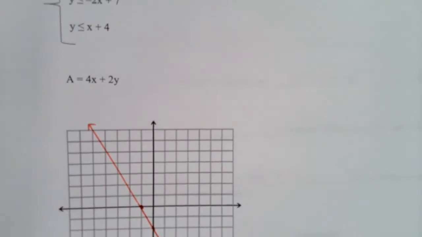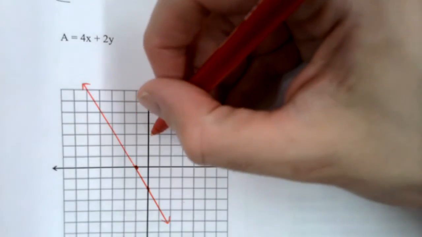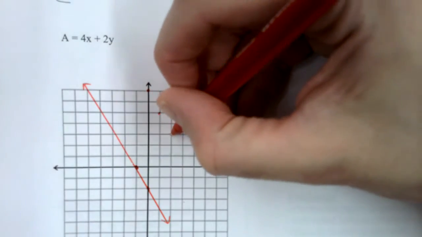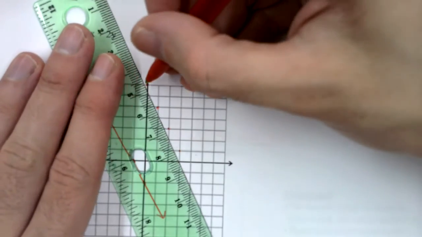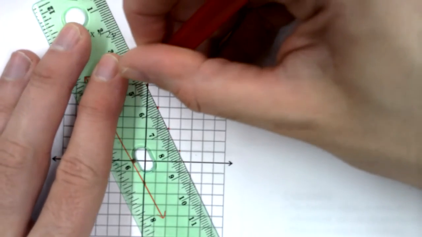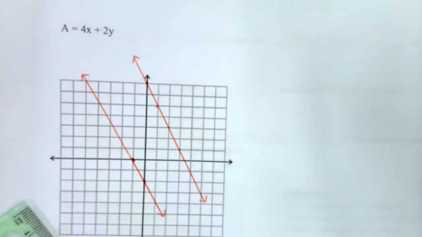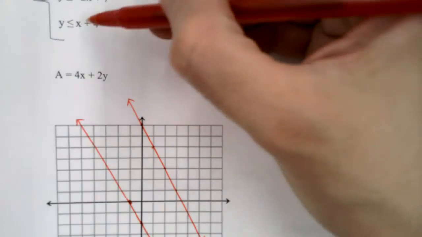Our next line has a y-intercept of 7 and a slope of -2. So down 2, right 1, down 2, right 1, down 2, right 1. Those 2 lines, I believe, are actually parallel. And our last line has a slope of 1 and a y-intercept of 4.